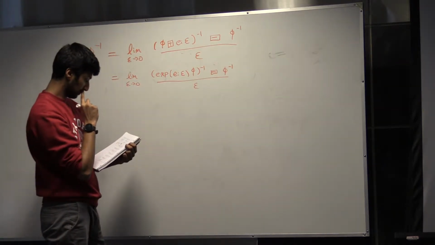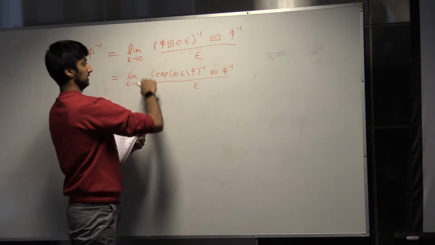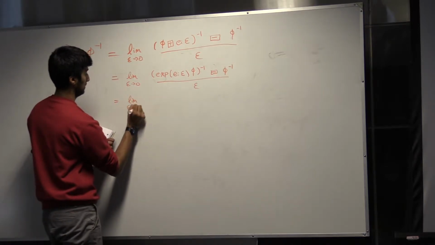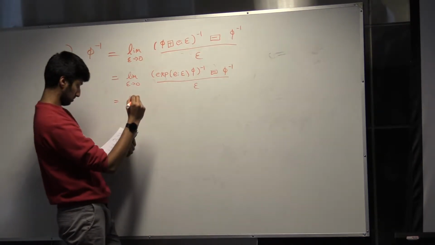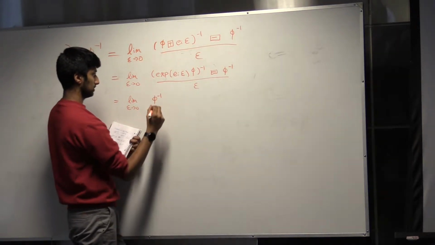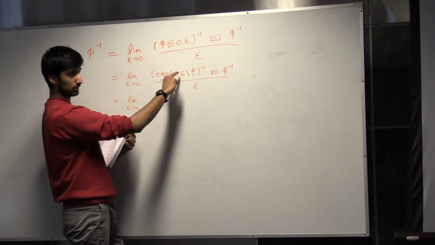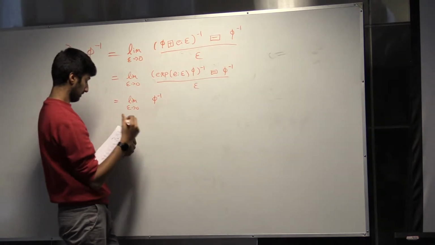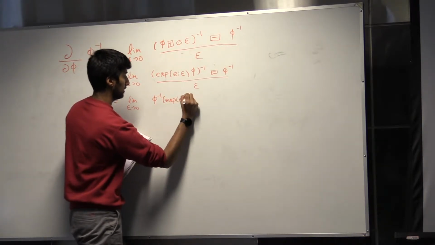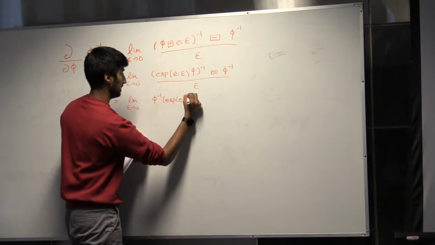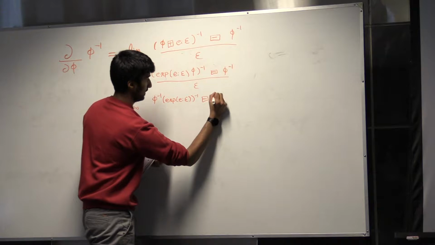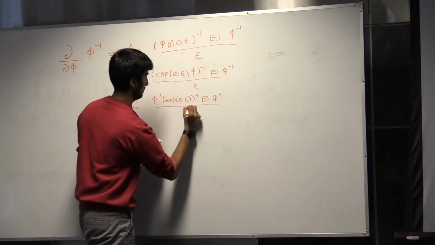And then the next step was to expand out this inverse term. Again, the limit, this became phi inverse, because as we know for an inverse of two terms, we can swap them and take the inverse of each of them. So we have phi inverse, then we take the exponential map of EI epsilon, and that is inverse. And again, box minus phi inverse over epsilon.